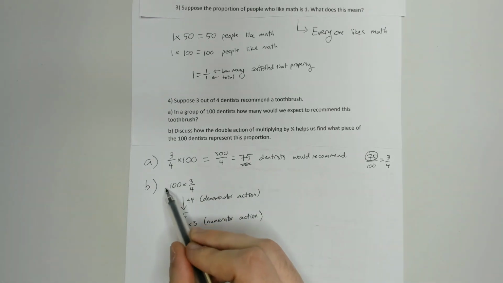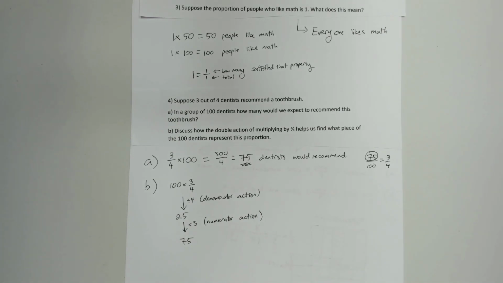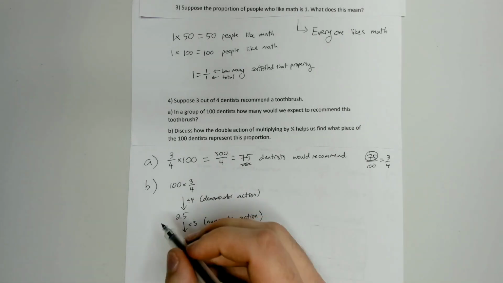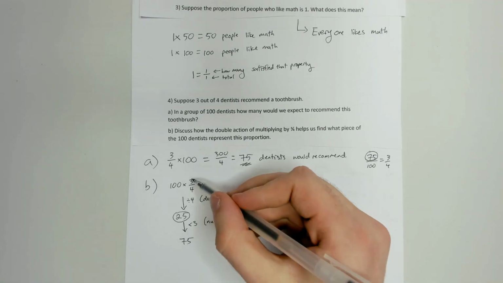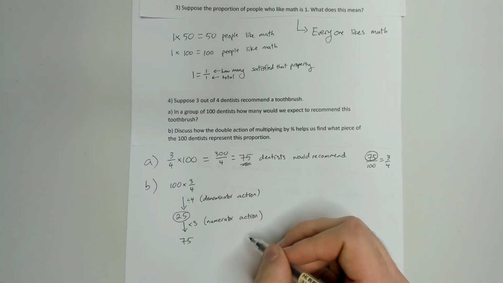Well, we took the 100 and split it into 4 groups. This is necessary since our proportion involves a total of 4. So we need to start by splitting this into 4 groups, and each of those groups is size 25. Since our proportion is a total of 4 of these groups, and in our case it's 4 groups of 25, then to get the numerator, we need to count how many groups we have, and that's the multiplication part, right?